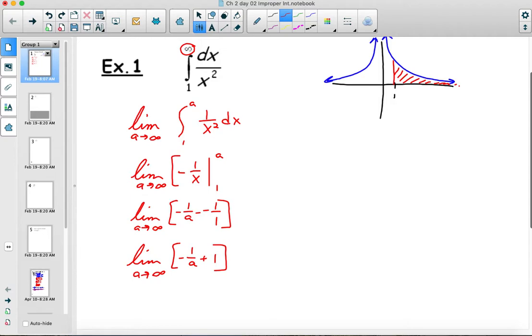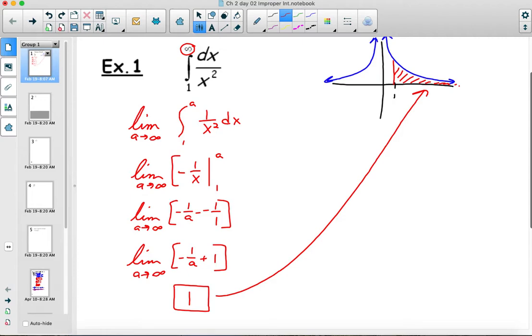Well, the negative 1 over a, as a gets bigger and bigger, is going to 0, and then 0 plus 1 is 1. So this is telling us that this area, which goes on forever and ever, actually is going to equal 1. And that's kind of a tough concept to wrap your head around. But it's a finite area, even though that curve goes on forever and ever.